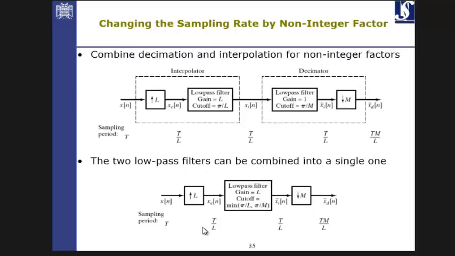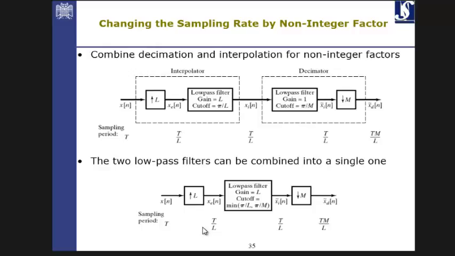But then you can have changing of the sampling rate by some non-integer values. For example, you say change the sampling rate from 16 to 80 kilohertz. Then you have to figure out what kind of fraction you need to use, the numerator and denominator of the fraction. And then based on that, you can have the interpolator and the decimator.